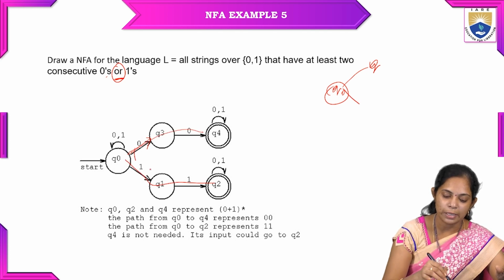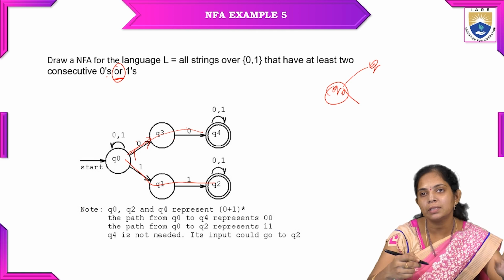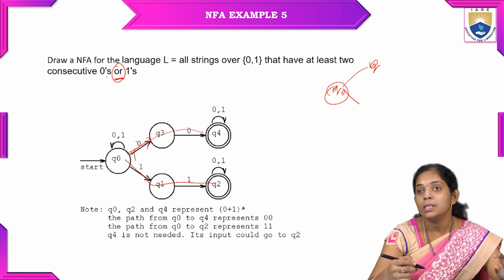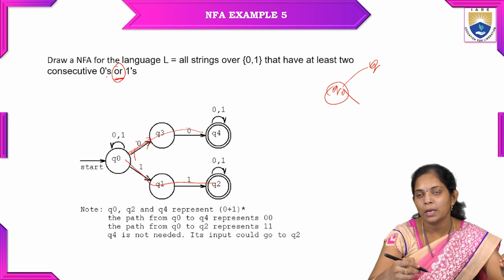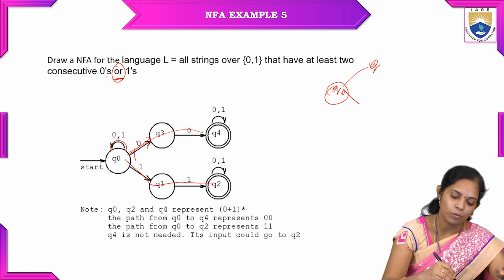So with this, here 0, 0 and 1, 1. These are the 2 consecutive ones and these are the 2 consecutive zeros. There is no limitation on the starting and ending input symbols, so that's why we have written the self loop for this one.